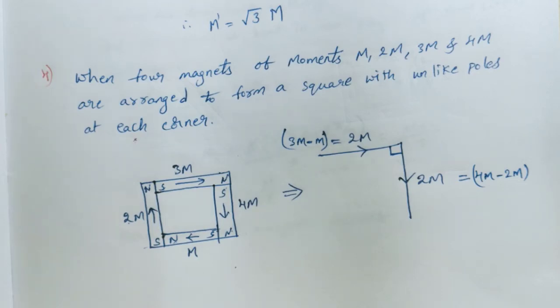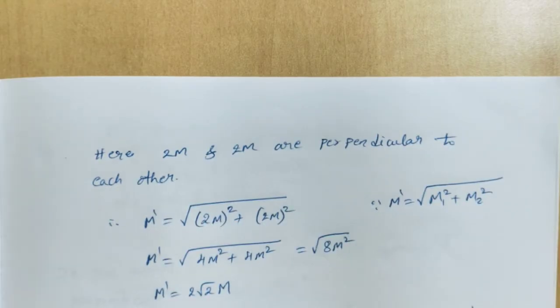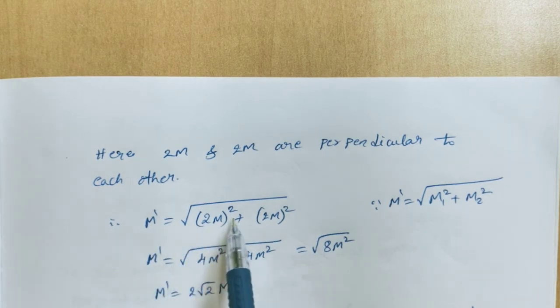We know the thing, students: the resultant magnetic moment when two magnetic moments are perpendicular is root over m1 square plus m2 square. What is the formula? M dash is equal to root over m1 square plus m2 square. By using that simple formula, we can identify the result, students. See here, m dash is equal to root over 2m whole square plus 2m whole square.